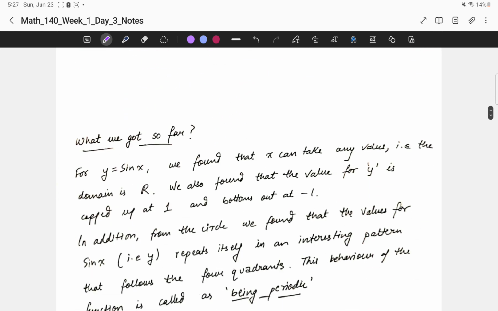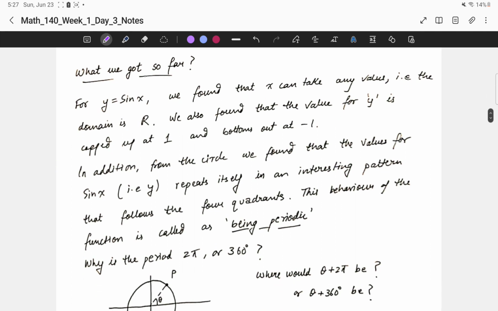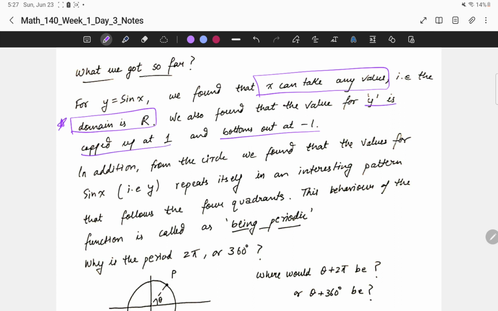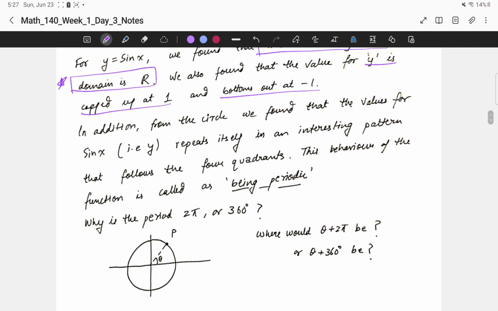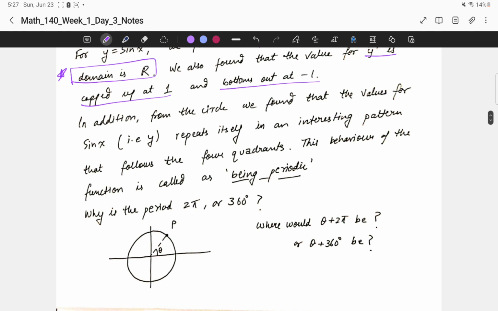Okay, so we found that x can take any value, right? That the domain is R. But then we also found that the y value is capped at 1 and it's capped down below at negative 1. So we also found that it repeats itself in this interesting pattern of 4 times, 2 positive, 2 negative, and it follows the 4 quadrants.